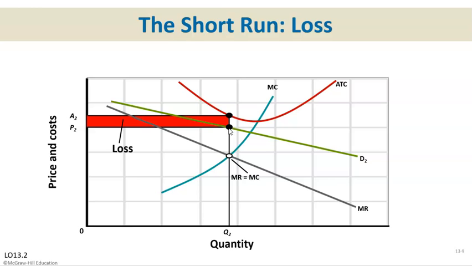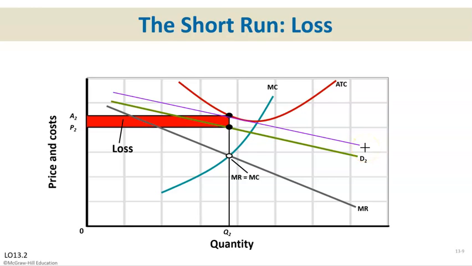If the firms in this industry are making a loss, in the long run, some of the firms will exit the industry. As some firms exit the industry, the remaining firms will be sharing the total demand with fewer firms. So they're going to get a little bit more demand than they had before. And that's going to shift this demand curve up and to the right. So the demand curve may shift and look something like this.